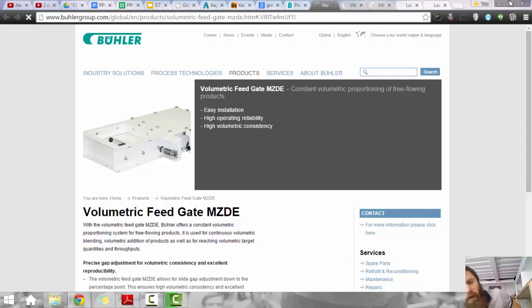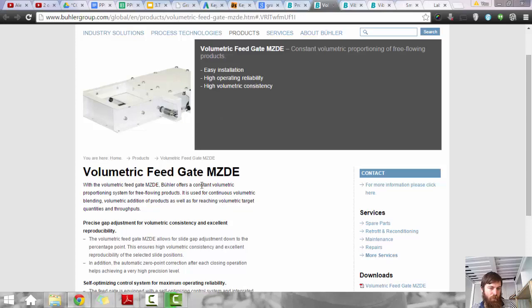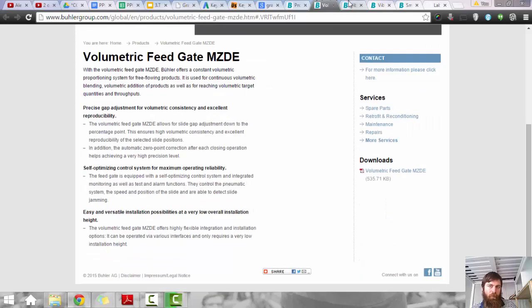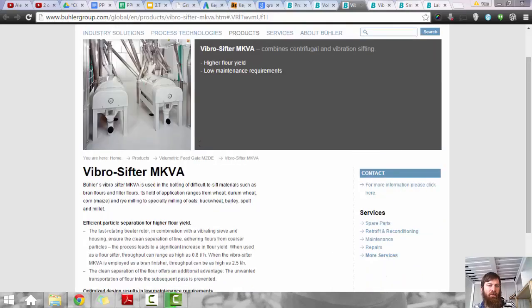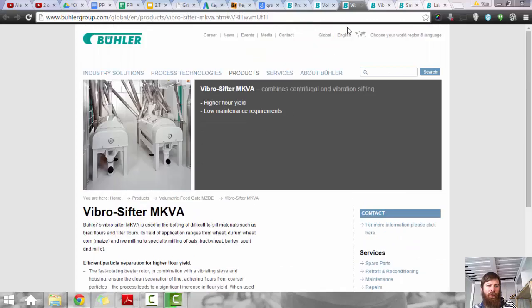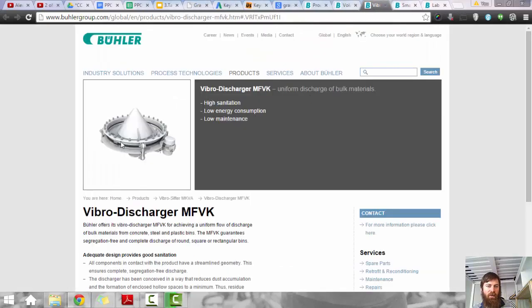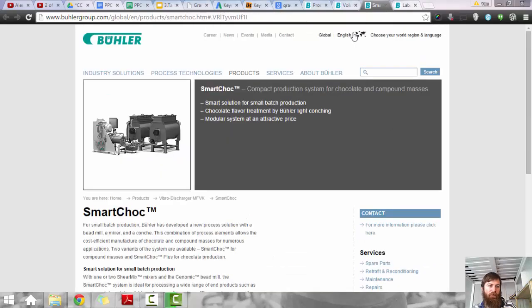Let's just see what some of these products are so we get an idea. It's a feed gate. And higher flower yield. So yeah, this is all for agricultural manufacturing and agricultural supplies and processing, but this is not what we're selling.